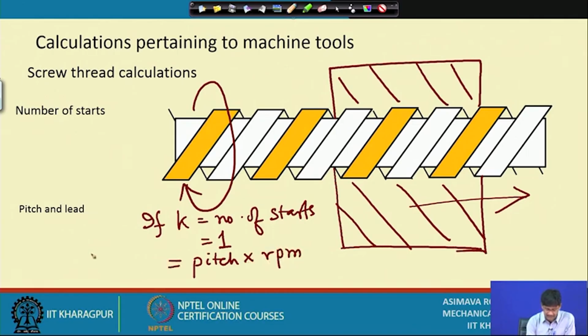So, we can write nut velocity. Velocity of the nut will be equal to pitch multiplied by the RPM.